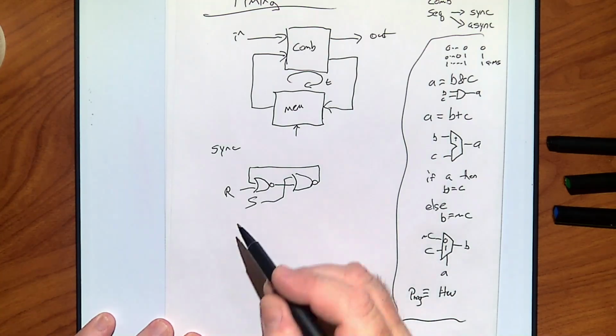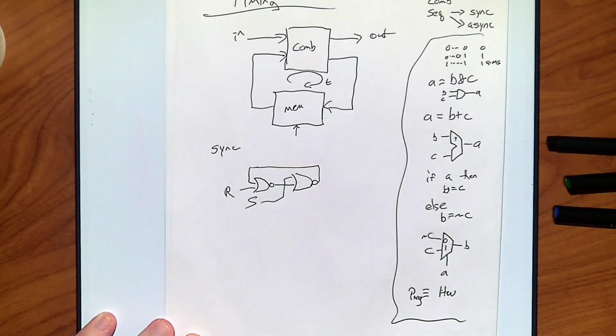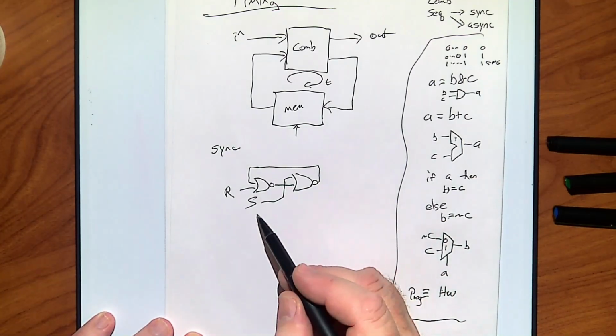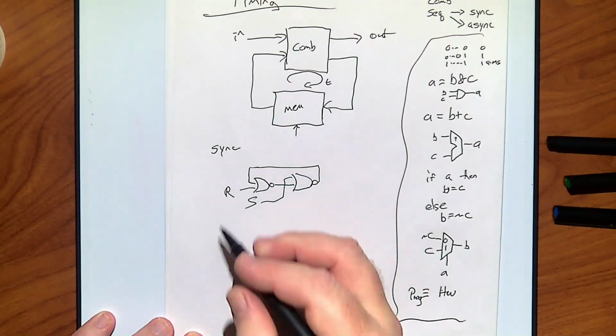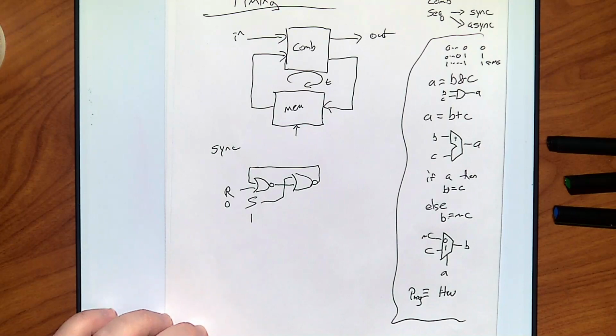But in our case, I do have a timing signal, and you want to think about the timing across this loop. What would happen if I set my values, whatever, reset is 0, set is 1. I'm trying to set the output to be true. Now, in the midst of trying to set my output to be true, let's say, partway through this, reset turns on for a brief bit.